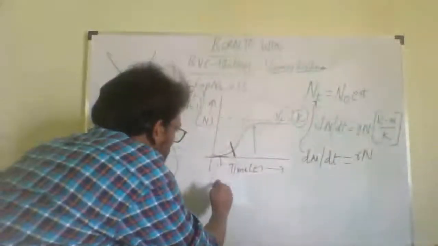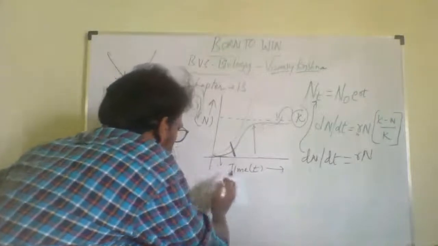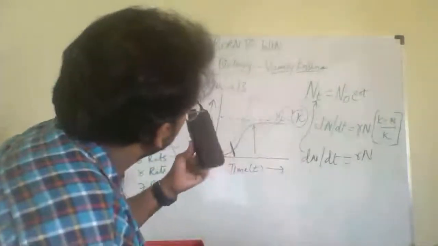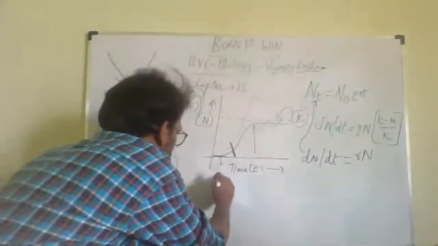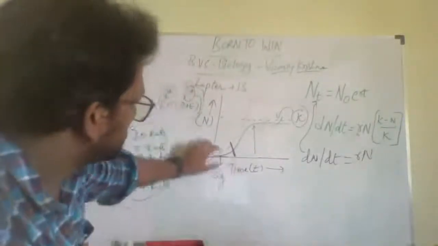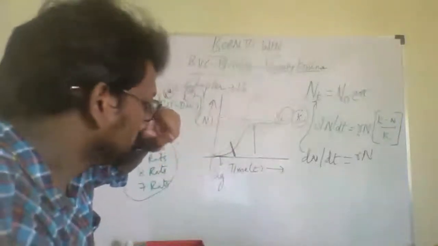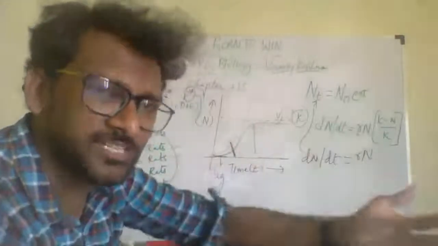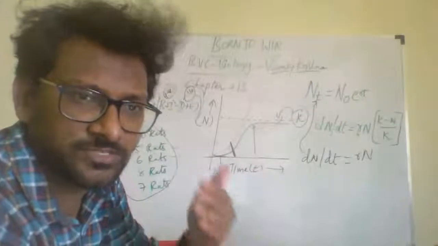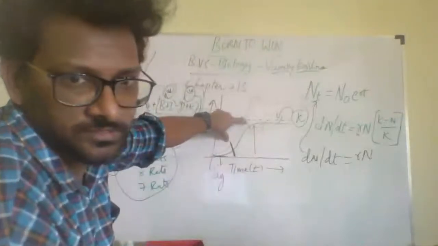This is the lag phase, till here it's the lag phase. Lag phase means in this phase the growth is not that fast. The rate at which the growth takes place is very slow, and then it goes to the acceleration phase, acceleration or exponential phase.